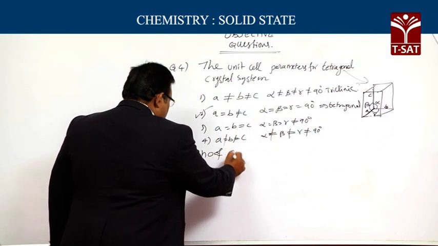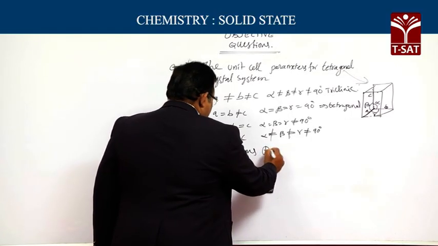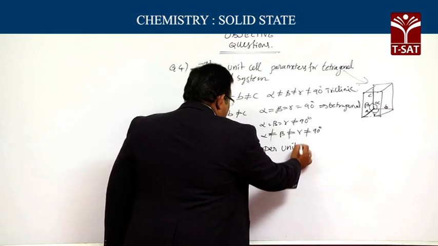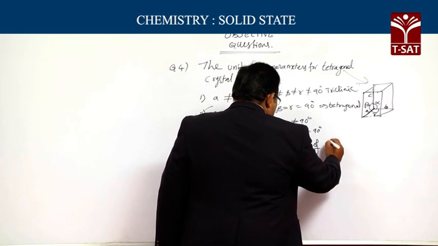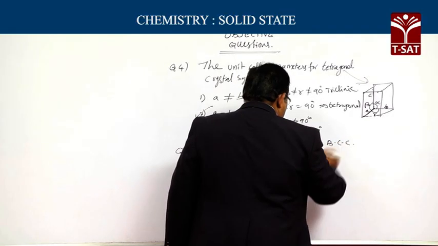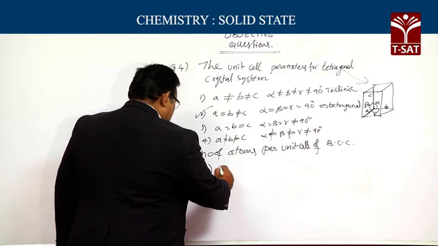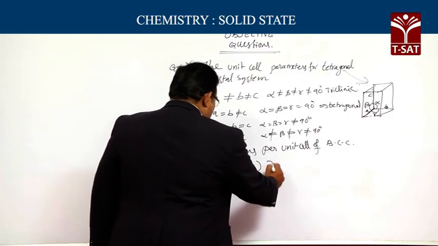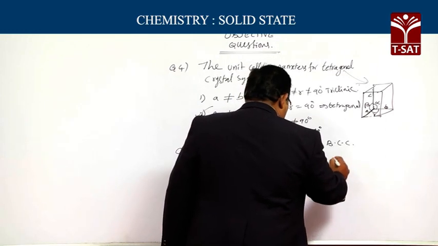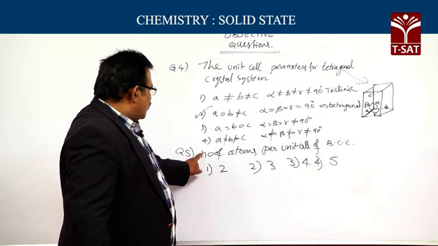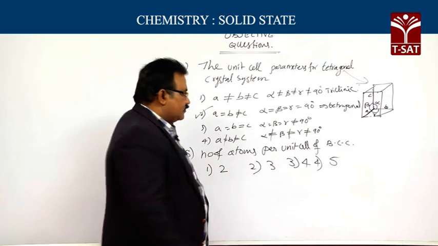Let us take the number of atoms per unit cell of BCC, body centered cubic structure. Option 1 is 2, second option 3, third option 4, and the fourth option is 5. Number of atoms present per unit cell of BCC.